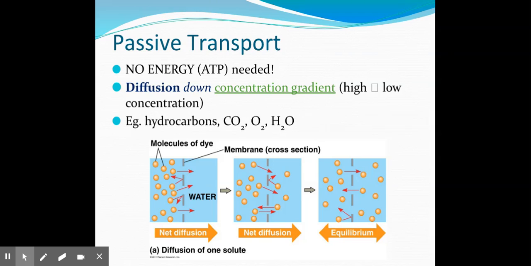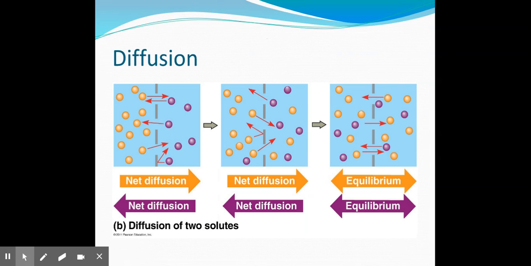CO2 and O2, respectively, are going to be some of the more important ones that we'll focus on. So down below, we can see the diagram that over time, the net diffusion of these molecules, those little yellow spheres, are going to want to move across from the higher concentration, the left side, to the lower concentration, the right side.